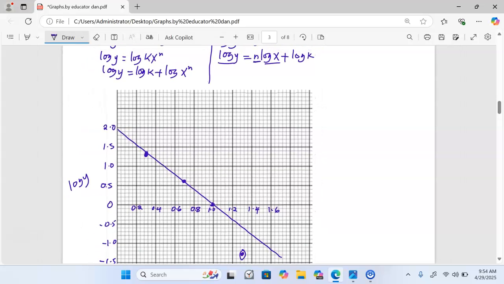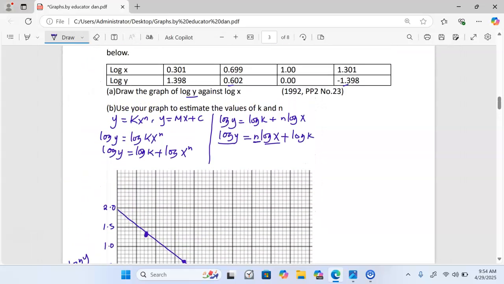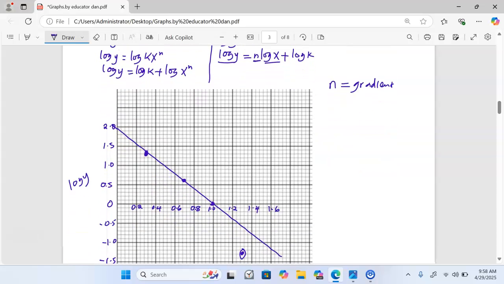Remember, from the questions we are supposed to answer, one is where we are supposed to estimate the value of n. Remember, n is the gradient, and therefore to get the gradient, we are going to take the change in y over the change in x.